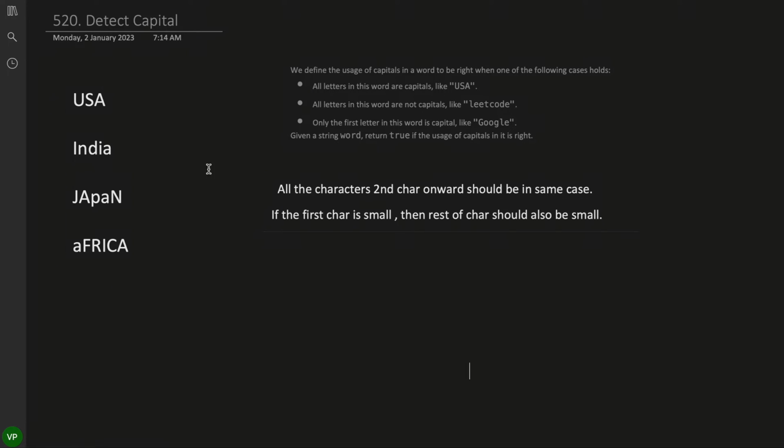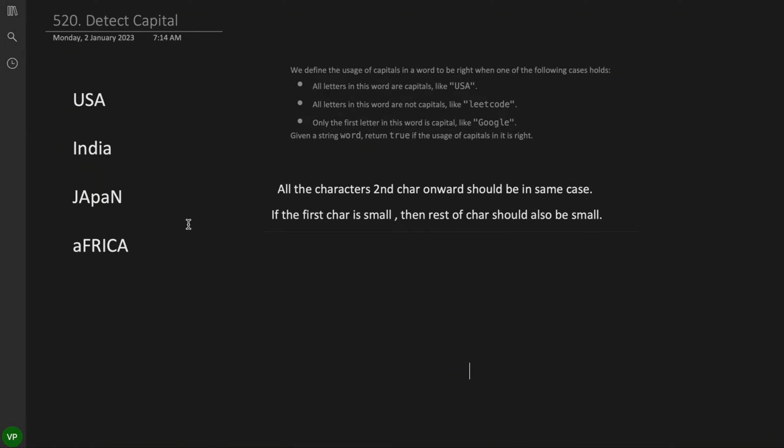First of all, we can check if the word has only one character. If the word is only one character, we do not need to check the case of other characters, because it can be either capital or small, and both are true.